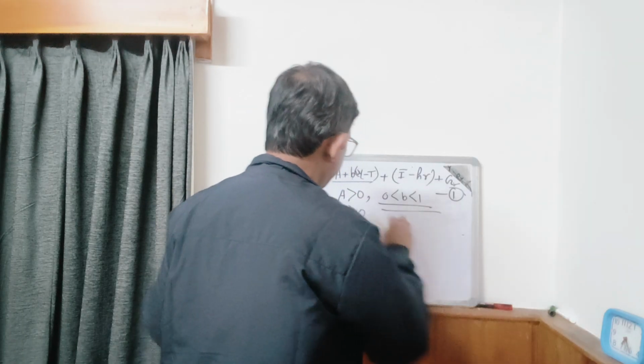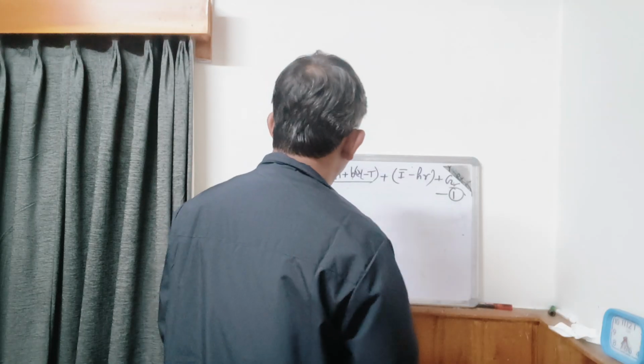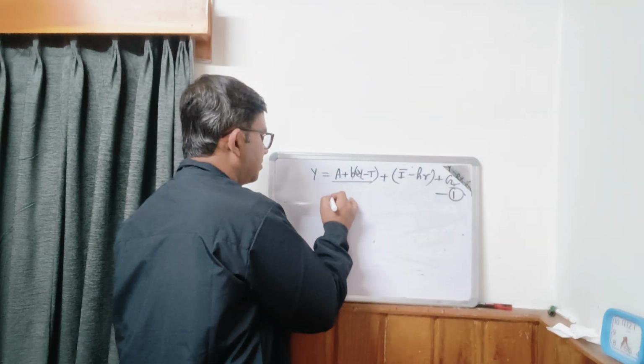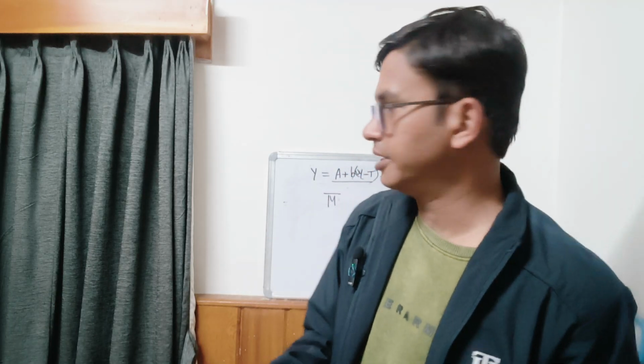Now we write the money market equilibrium condition, or the asset market equilibrium condition. M bar is the money supply, which is exogenous or autonomous, because it is at the discretion of the central bank how much money to inject in the economy.